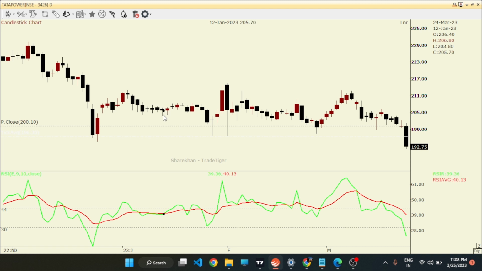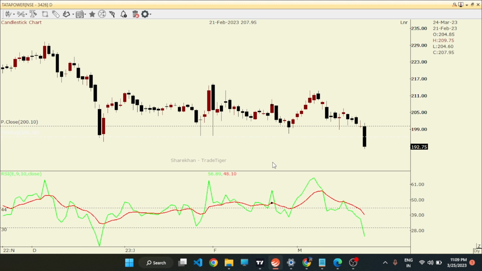Previous day low was 203, and it's 3 points SL, 6 points target. 212 will be the target, and it made a high of 208. After that it went down, and no entry here also.